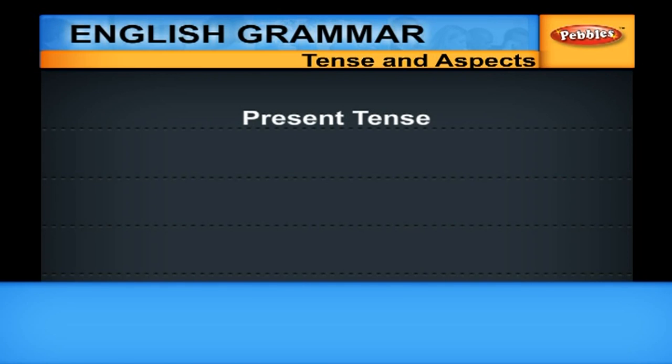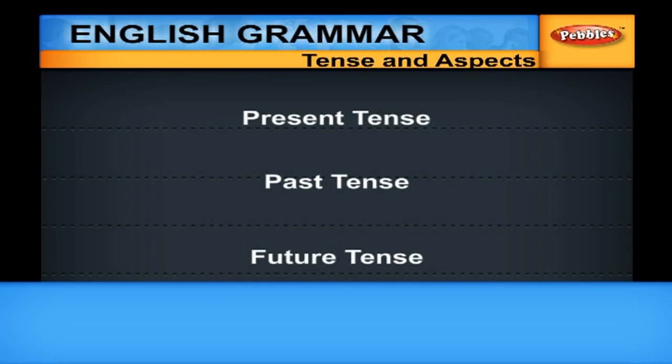If the action refers to a past, then it is in the past tense. If it refers to an action which is to take place in the future, then we say it is in the future tense. So, these are the three tenses: present, past, and future.